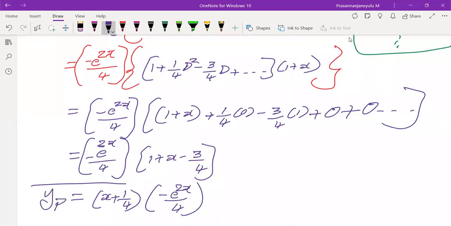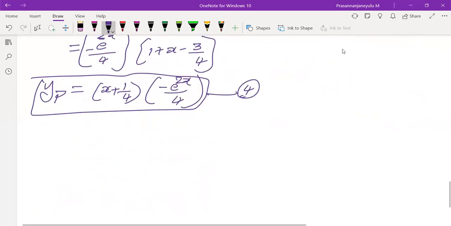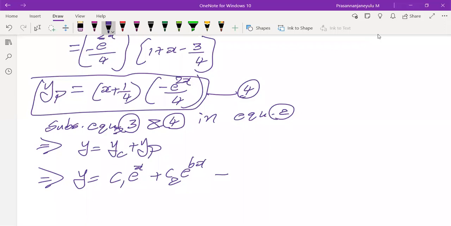After getting yp, what we need to do? Substitute equations 3 and 4 in equation number 2. Is there any difficulty? So y equals yc plus yp, where yc is c1 e power x plus c2 e power 6x, plus yp is minus 1 by 4 into x plus 1 by 4 into e power 2x.